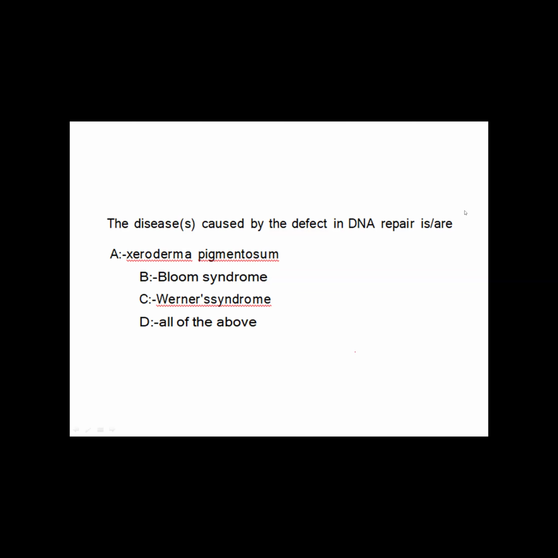So, xeroderma pigmentosum is a rare genetic disorder in which the body cannot repair DNA damage caused by sunlight, है ना? Usually इसके अंदर क्या होता है? Our body repairs damage caused by UV light. But in this condition, the repair system doesn't work. तो repairing नहीं हो सकता. ठीक है?